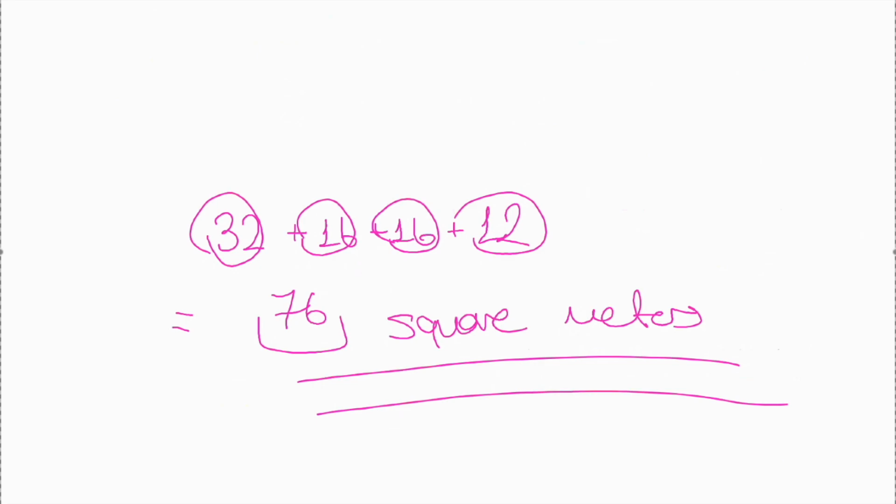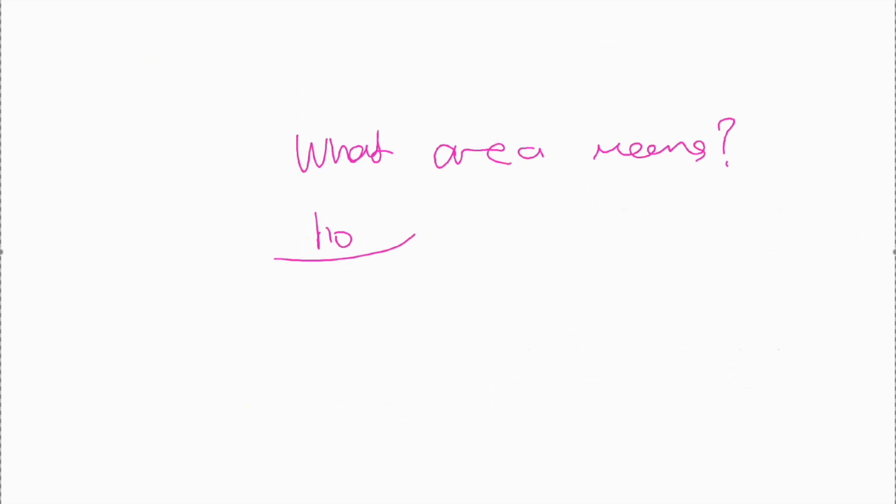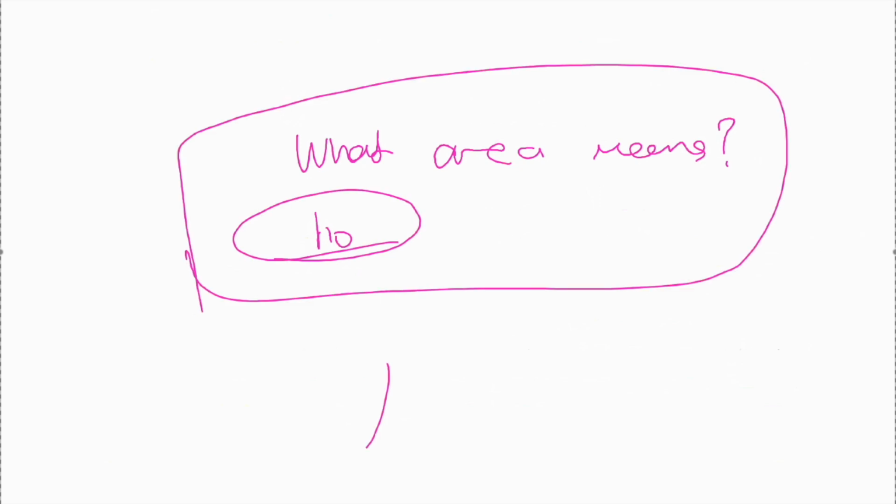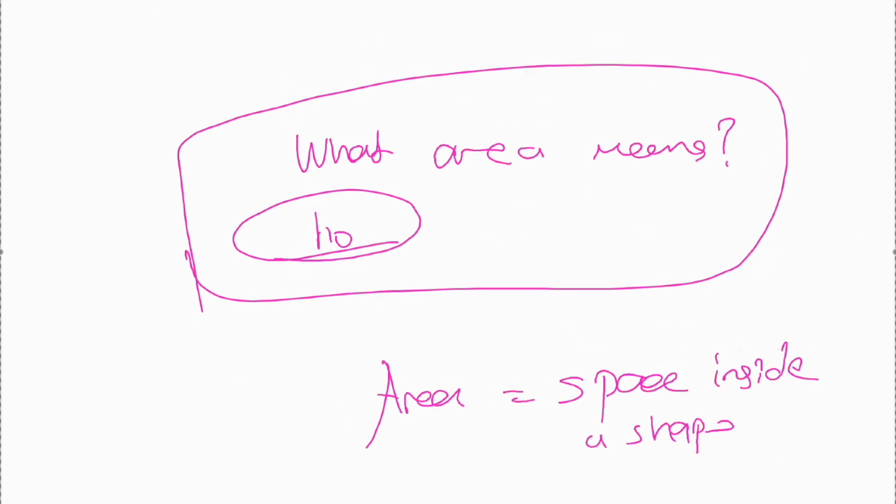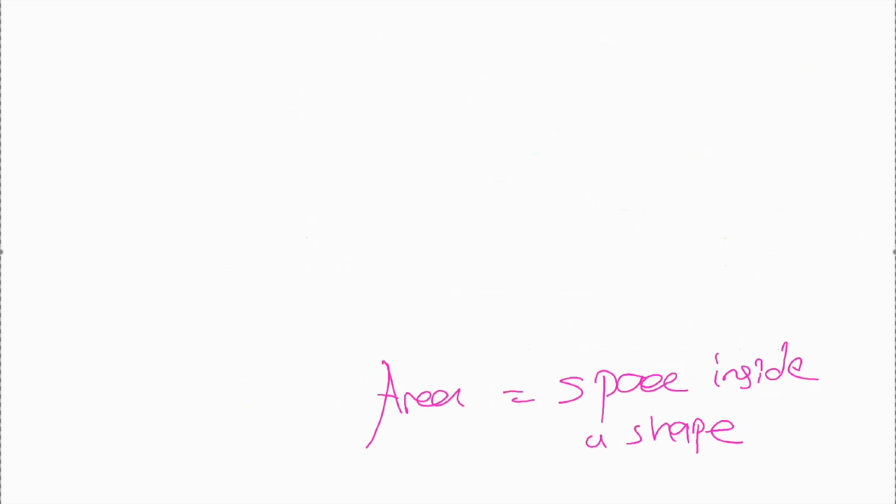What we learned today, we learned what area means, or we remembered it. And how to use their formulas and practice it with GeoGebra. We remembered, we practiced, and we learned that area equals the space inside a shape, and it is also measured in square units.